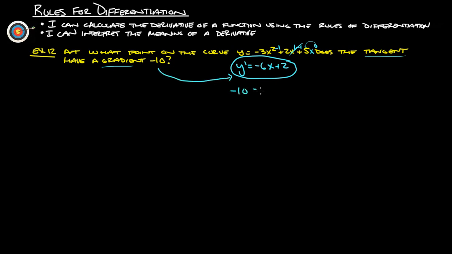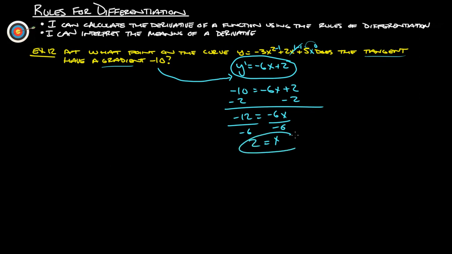So we do -10 equals -6x plus 2, and then we just solve. So we get -12 equals -6x. Divide both sides by -6, and we get that x has to be 2. So we know that on this equation, if we put in a 2 for the x, the slope is going to be -10 there.